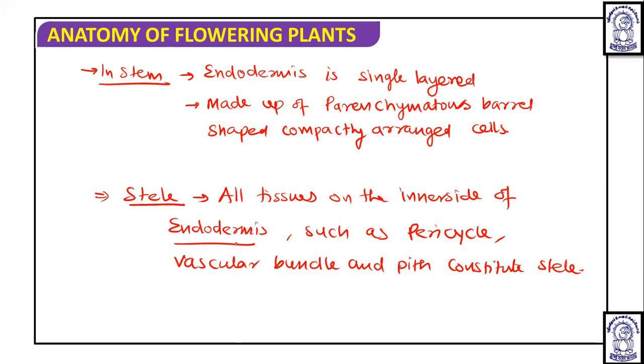So if we talk about the pericycle and pith, this pericycle tissue layer lies inner to the endodermis, or we can say between the endodermis and vascular tissue.